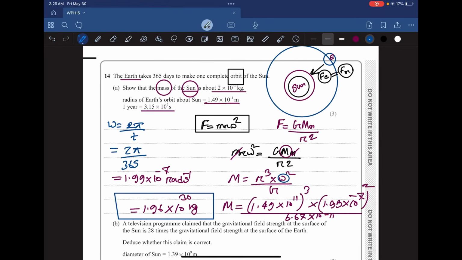We can write the answer as 2 into 10 to the power 30. So basically this is going to be our final answer.